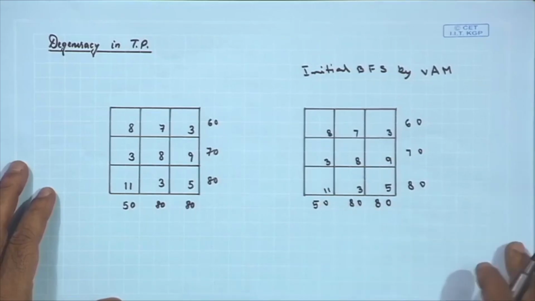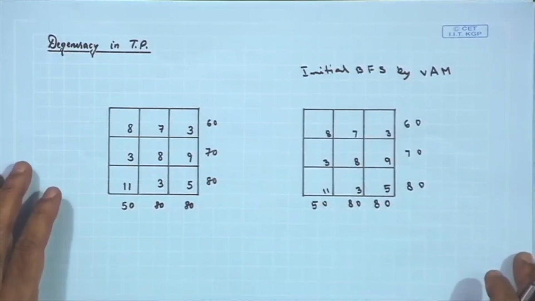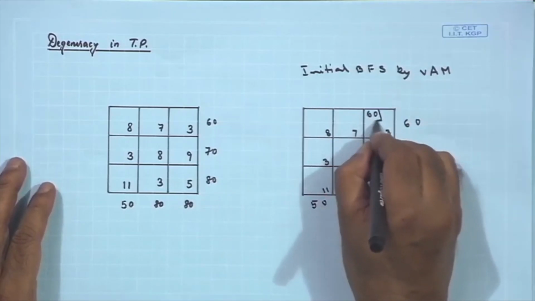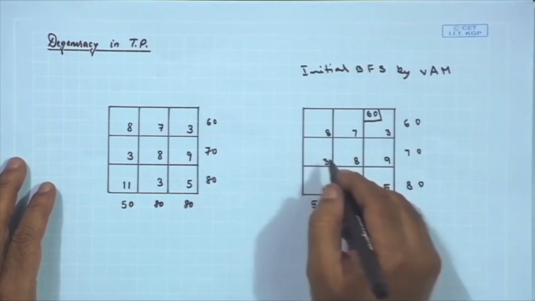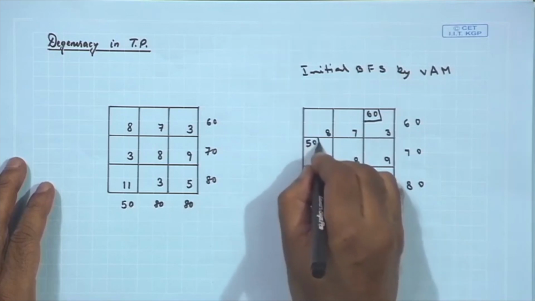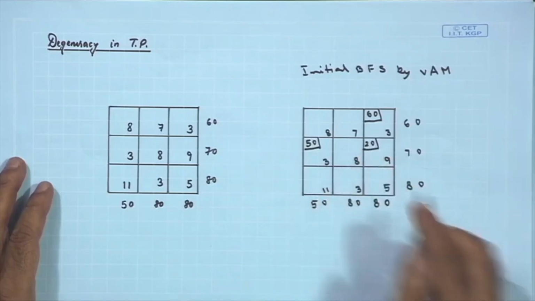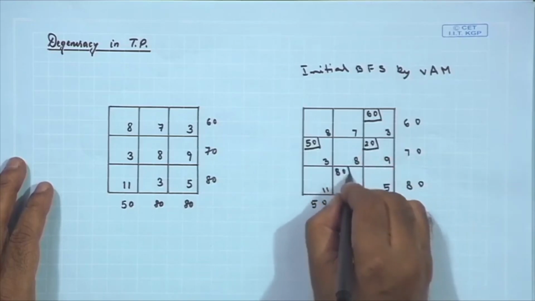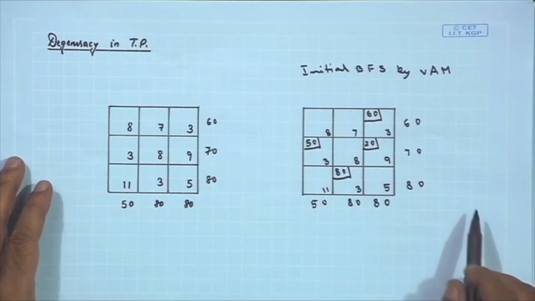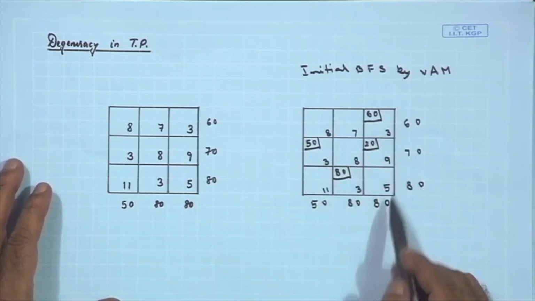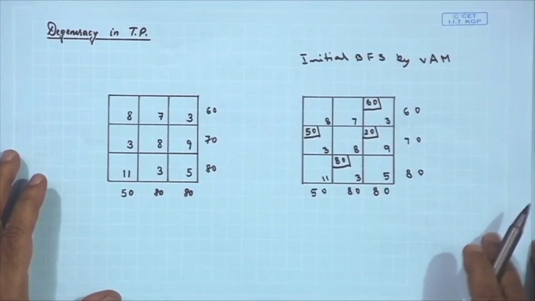Since we have discussed the basic feasible solution by VAM method already, I am directly writing the result. So, allocation will be like this. Here it will be 50, here it is 20, and 80 is coming over here. So, 60, 70, 80, here also 50, 80 and 60 plus 20, that is 80.